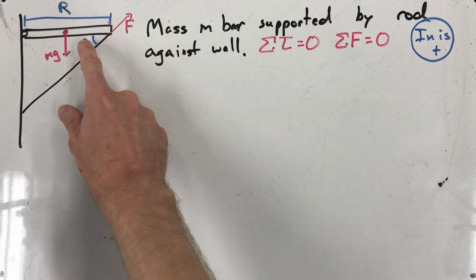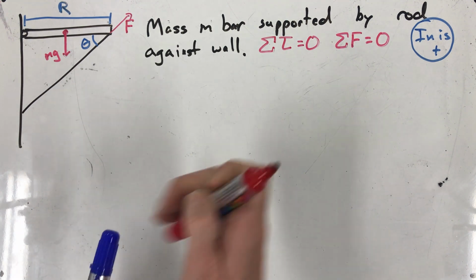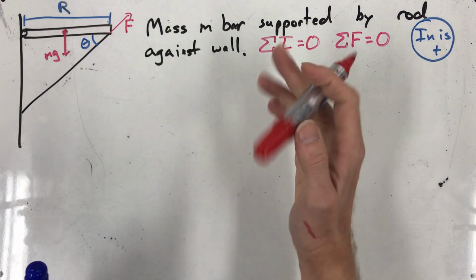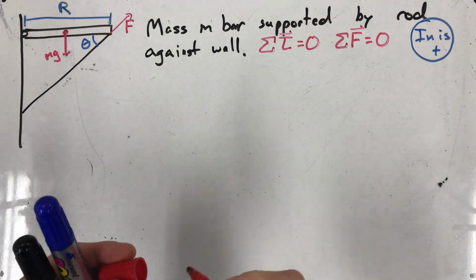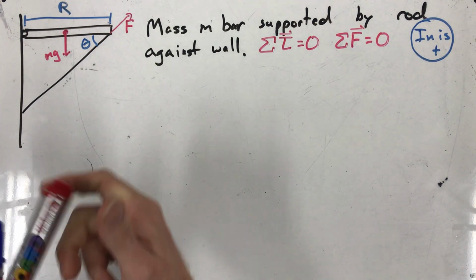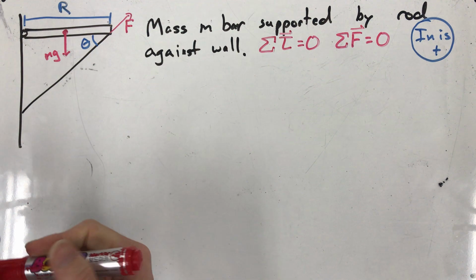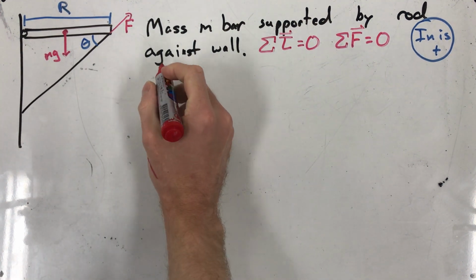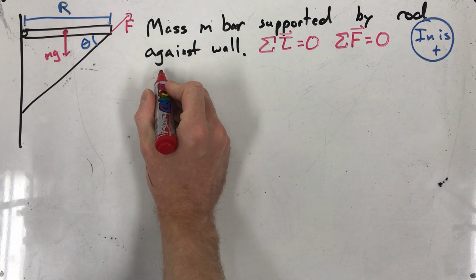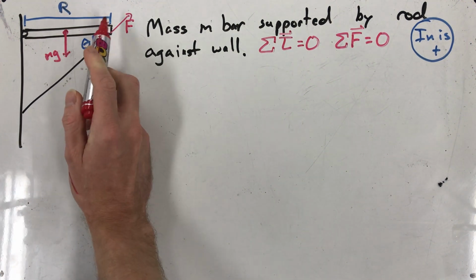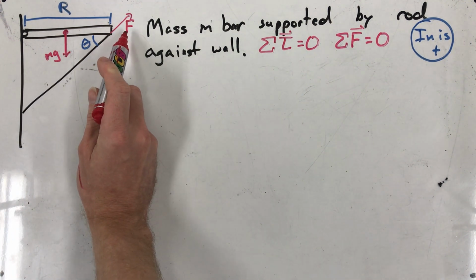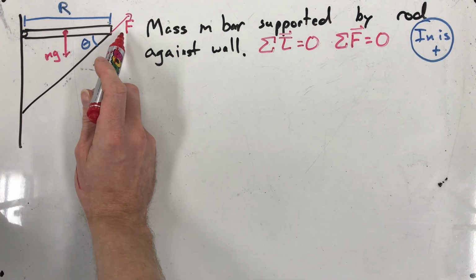And if this thing is at rest, those two torques are going to have to balance out with each other so that the net torque on the system will be 0. I'm going to throw in some vector signs here. So for the net torque on the system to be 0, the magnitude of the torque caused by this and the magnitude of the torque caused by that are going to have to be the same.